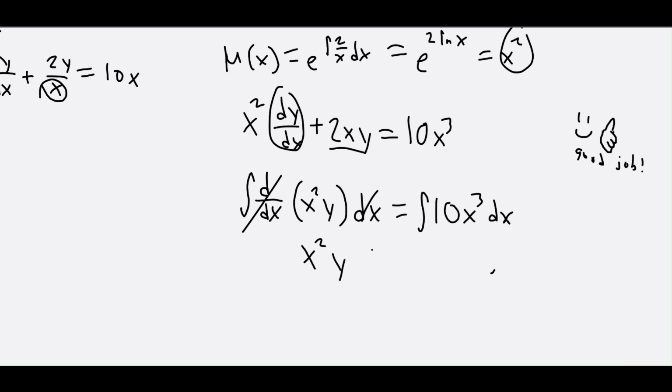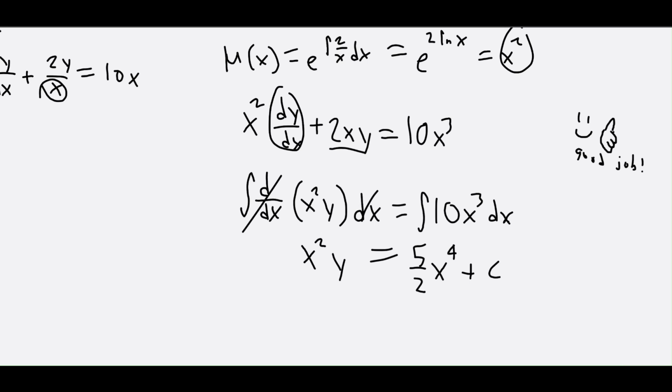So in the end, all you're really integrating is 10x cubed. Simple, right? And what does that give us? Correct. 5 over 2 x to the 4th plus c.